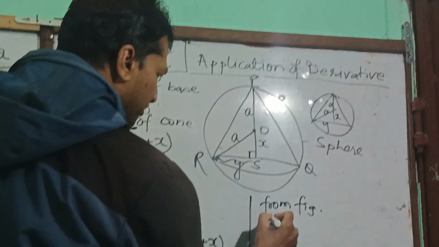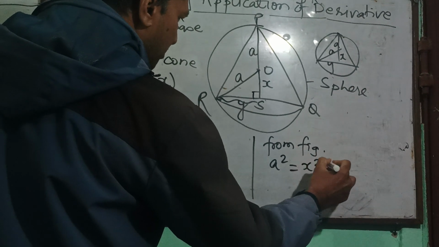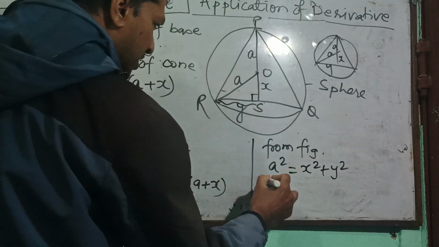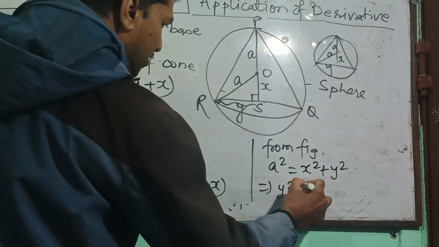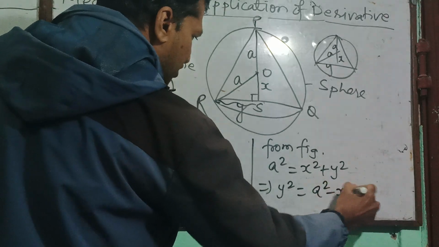this is a right angle, so A square is equal to X square plus Y square. So simply from here we are getting Y square is equal to A square minus X square.